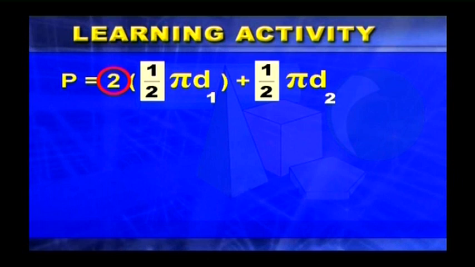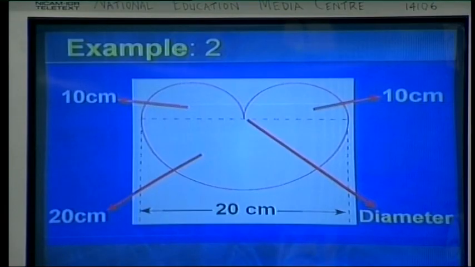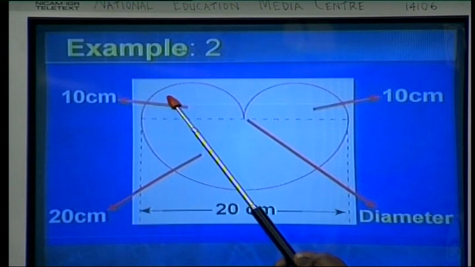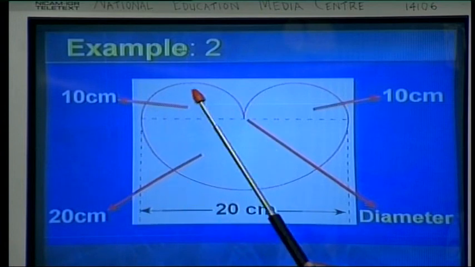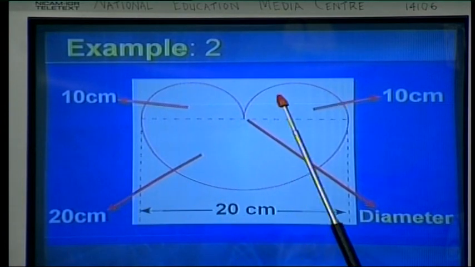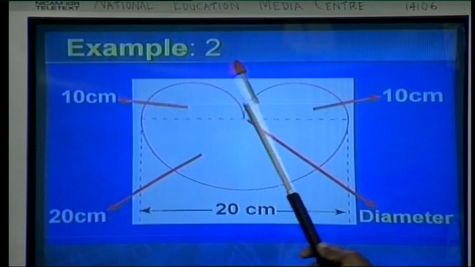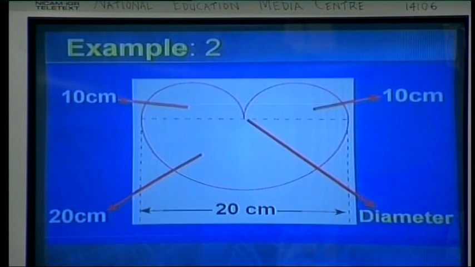Okay, these 2, are we listening? These 2 is taken from this diagram here. We have the 2 semicircles. So instead of repeating the formula over and over, we have the 2 outside the bracket.